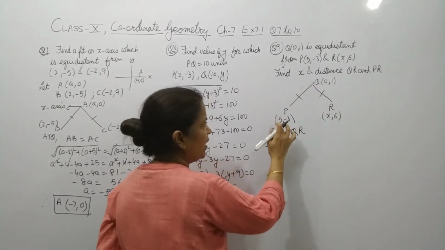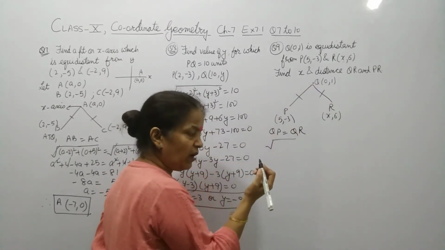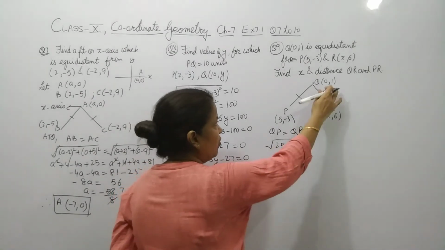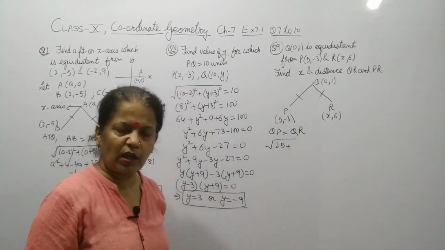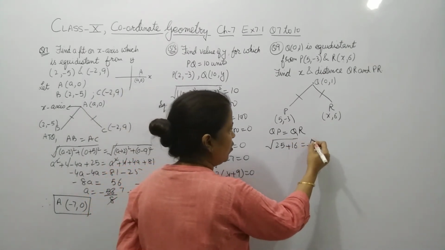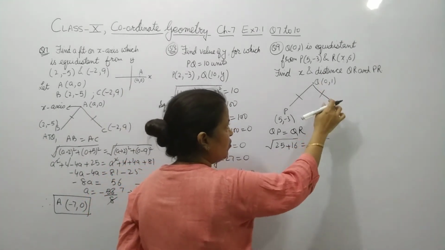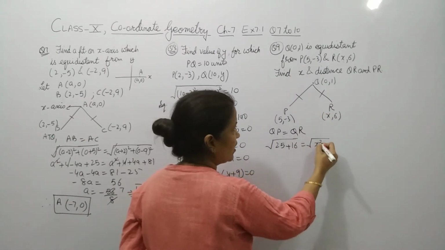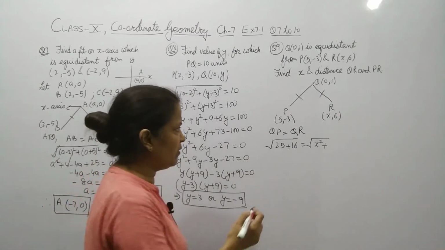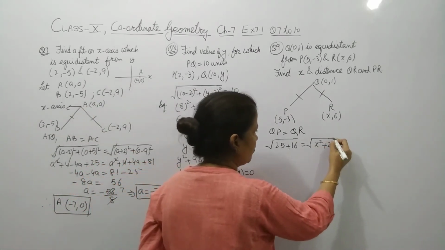Okay. Now apply the distance formula. QP: x2 minus x1 means minus 5 square. Minus 5 square is 25. I am writing it straight away now. 1 minus of minus 3 means 4, means 16, equal QR: x2 minus x1, x square plus 1 minus 6 means minus 5 square, that is 25.